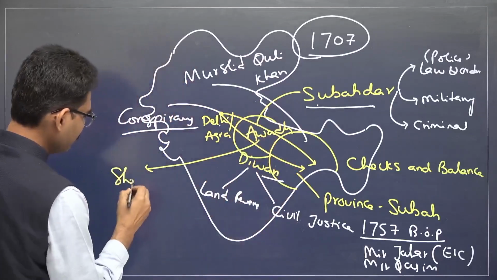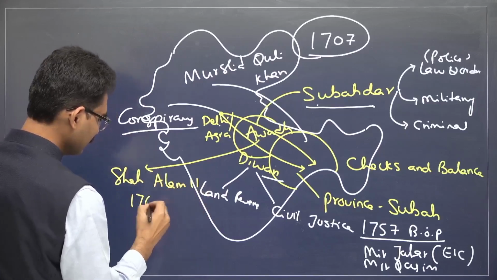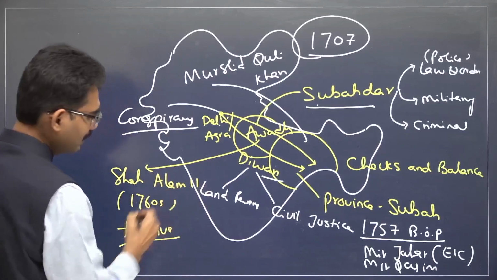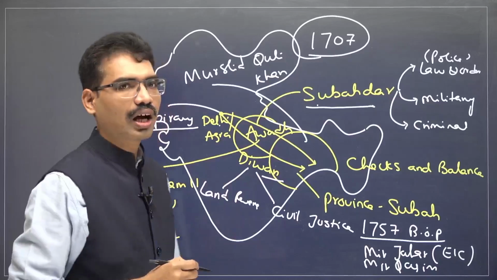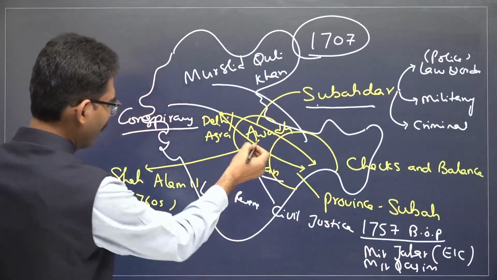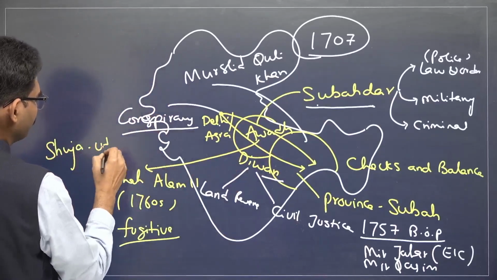Shah Alam II became a fugitive in the 1760s. Fugitive means he is hiding, or he is in the protection of the Awadh administrator, Shujauddaulah, the Awadh Nawab.